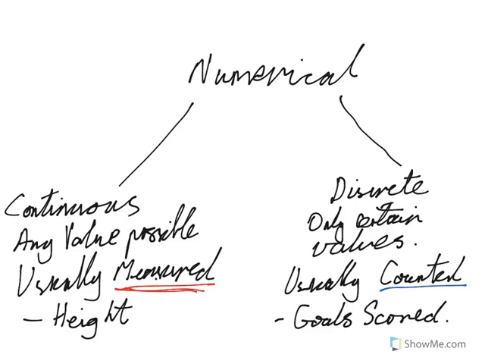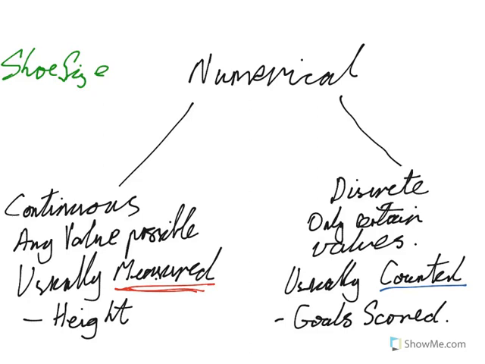Now sometimes it can be a little bit tricky in terms of our everyday language and things like that. So say, for example, shoe size. Normally we'd go to the shoe shop and they would measure our foot, and so we say, oh, that's continuous.